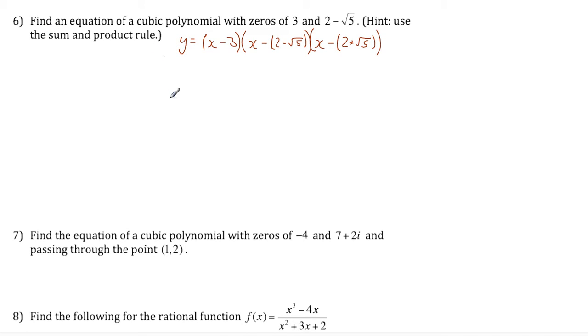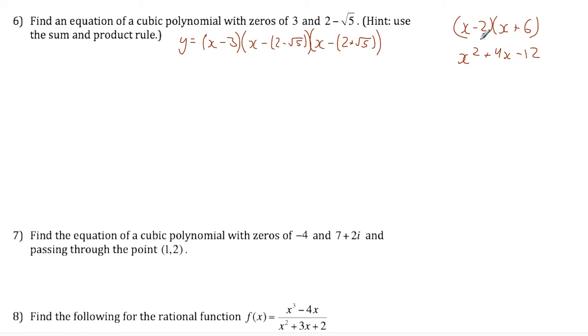The sum and product rule is actually really nice. So if we ignore this x minus 3 for a second, if I have x minus 2 and x plus 6, I'm going to get x squared plus 6x minus 2x, so that's plus 4x minus 12.